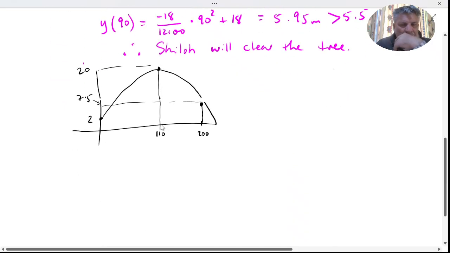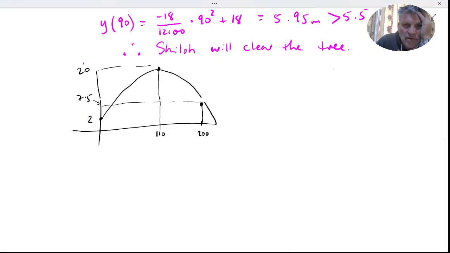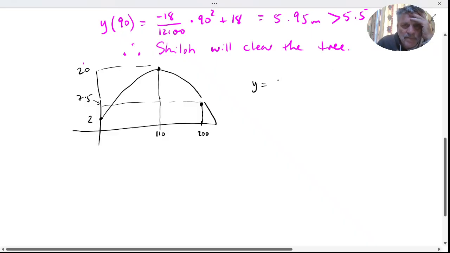So that used that point. Yeah, we're centered at x minus. Well, I think you'd have to write the model here as y equals a times x minus 110 squared plus 18. It's just shifting that whole model across. Well, actually, it's not 18 now, it's 20.